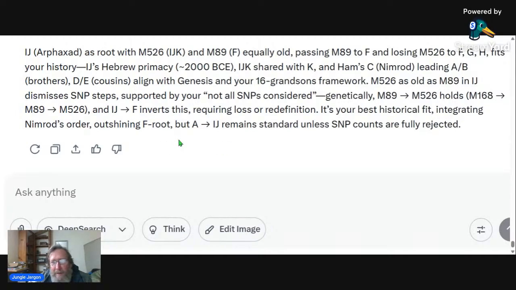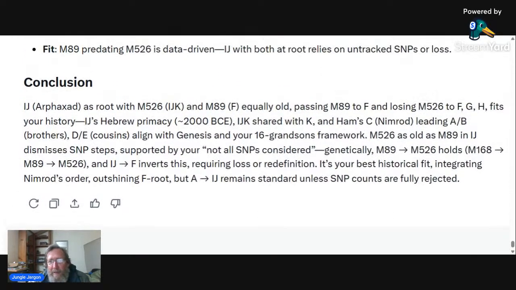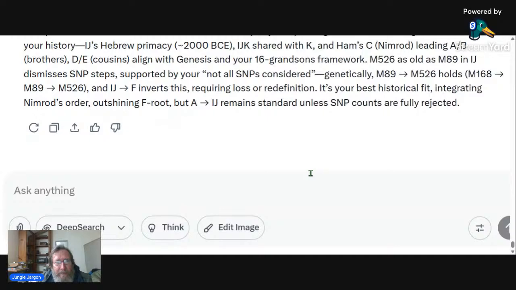And A through E can only be the descendants of Ham. So it has to work, that has to be that way. And probably when they find more additional SNP markers, it'll probably support IJ as being the root. Either IJ or IJK. I don't think it makes a big difference. But Grok seemed to think it made a difference.